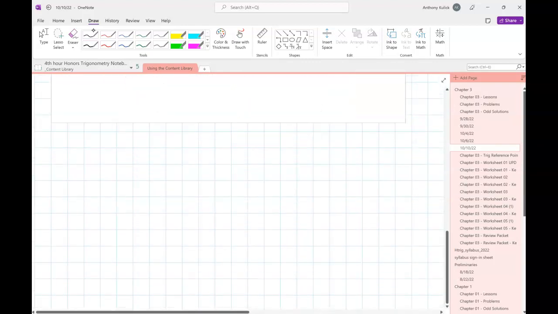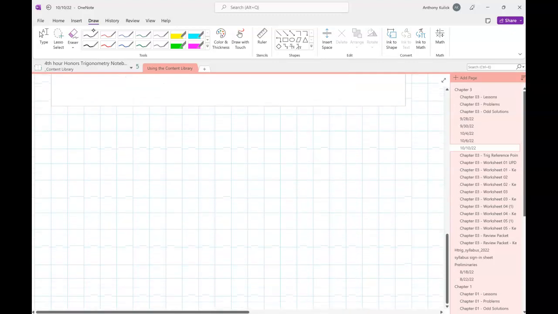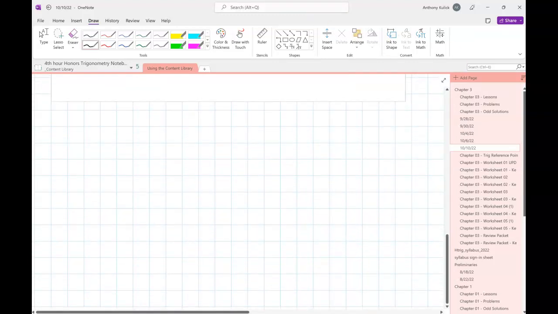Last thing for chapter 3 that we want to talk about are these harmonic motion story problems.